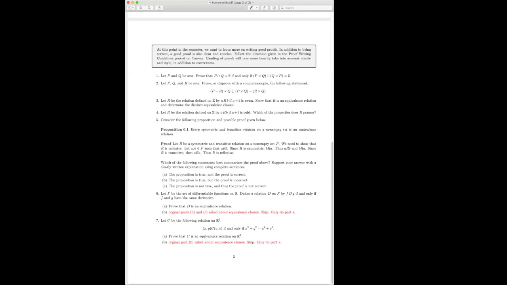So I did update that homework assignment. Hopefully you're looking at it to say, don't need to worry about equivalence classes here and here. And I realize there's another place that you can strike out the equivalence classes. So in question 3, you just need to prove that that's an equivalence relation. Don't worry about the equivalence classes of that.